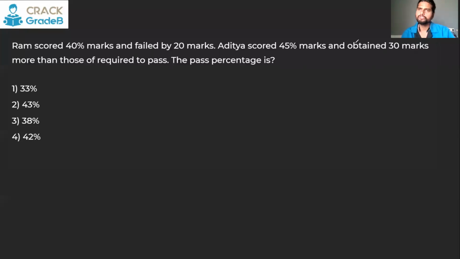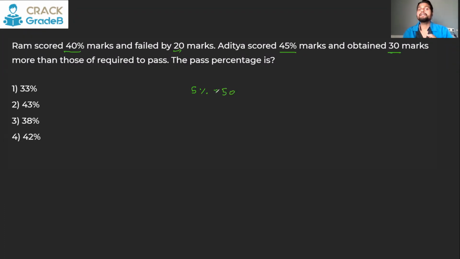Of course, if you do sufficient practice, you can also do that. What they do is, they just take the difference between these two. 40% and 45%, the difference is 5%. And that should be equal to 20 plus 30, the addition of these two, that is 50.